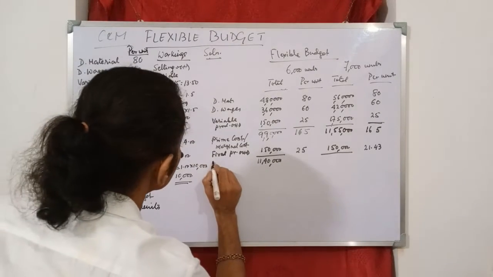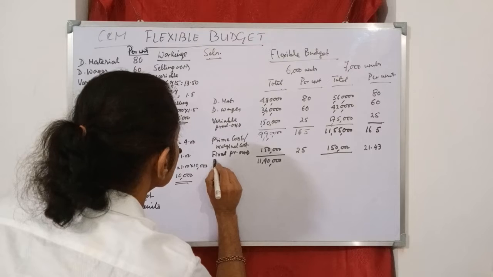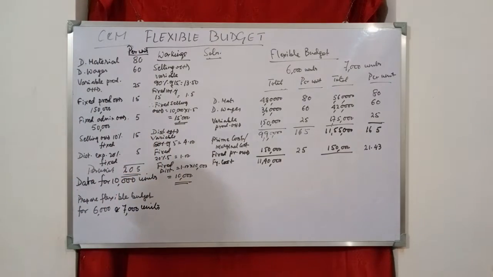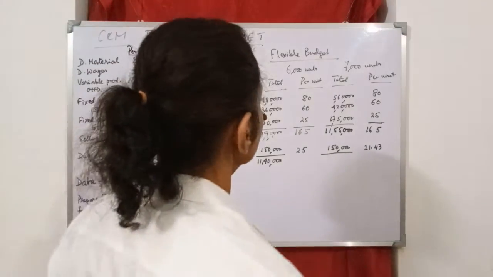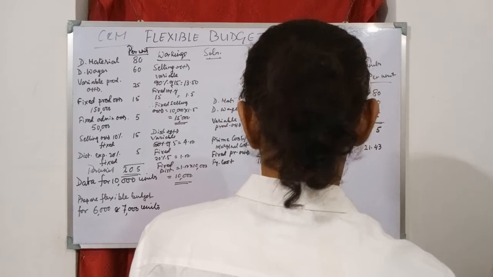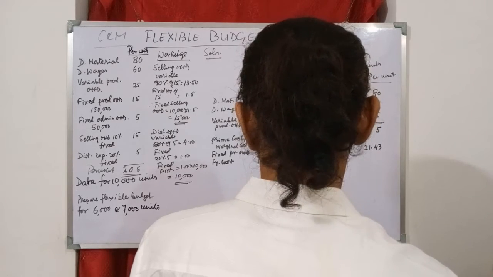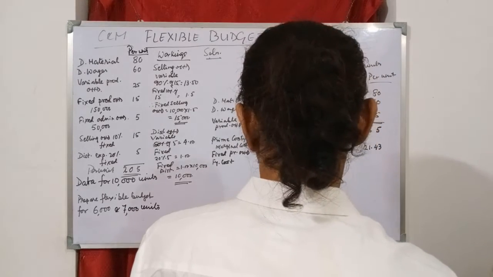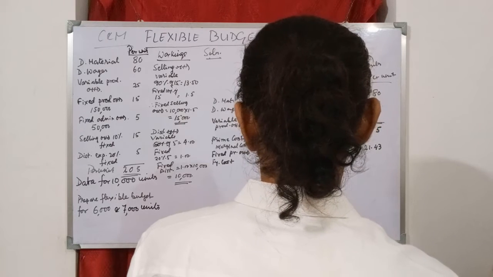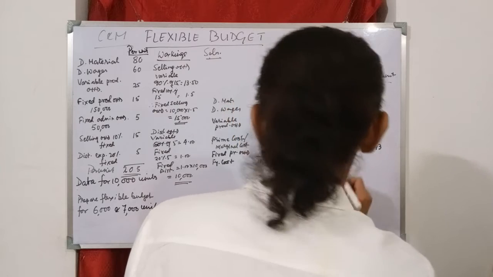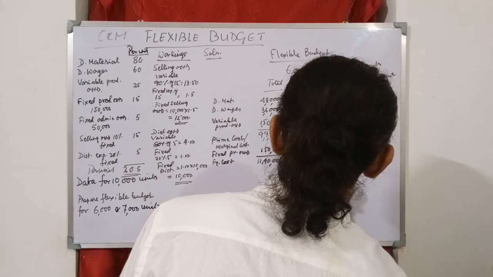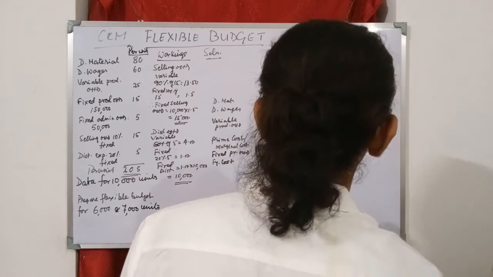So this gives factory cost. We have 1,155,000 plus 150,000. It comes to 13 lakh 5,000.